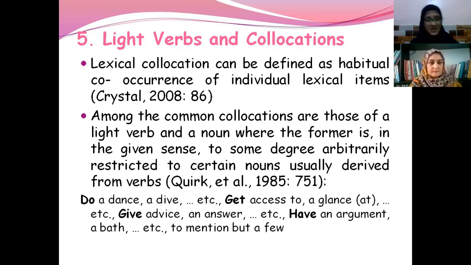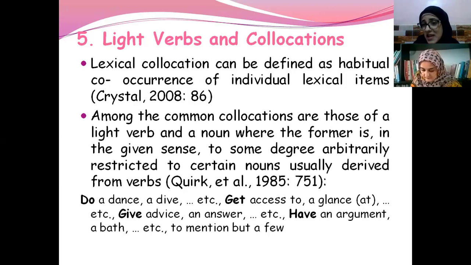Now we know that verb and noun combinations are of different kinds. Collocations, specifically lexical collocations, is one of them. So what do we mean by lexical collocation? It can be defined as a habitual co-occurrence of individual lexical items.